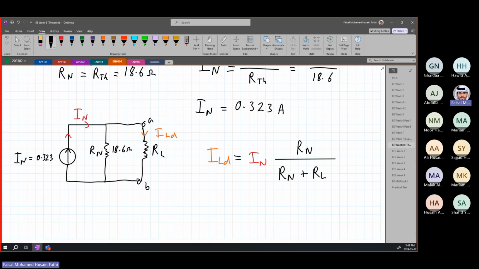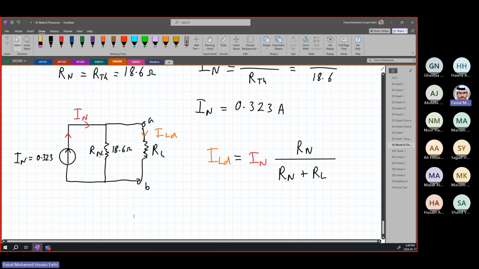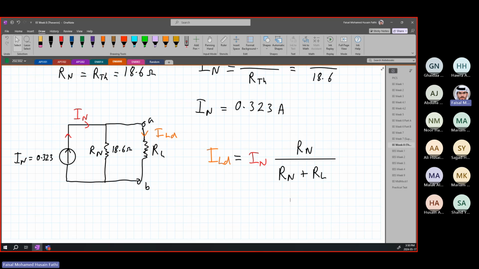And you can find your I load directly, all right? Or you can use the same method that I usually do, which is V up, V down, all of that. But when you're using the Norton method, it's a very simple circuit. That's the whole idea. It's very easy to apply current divider rule to find out the current that is flowing through I load, all right?